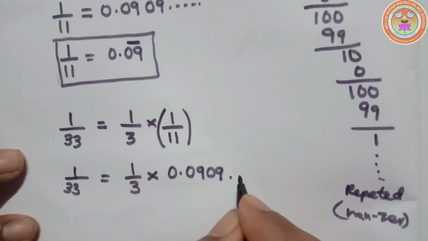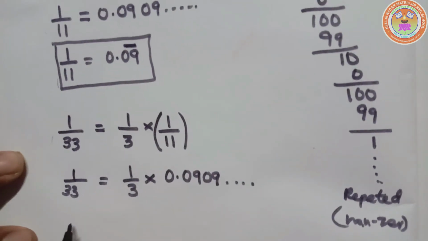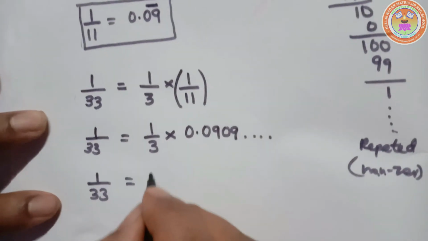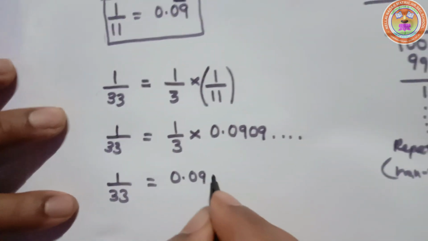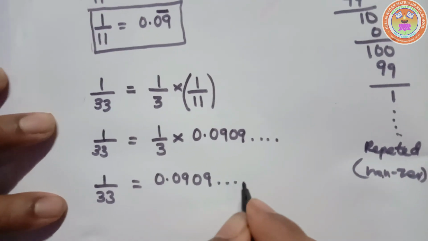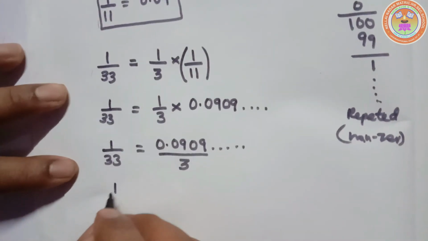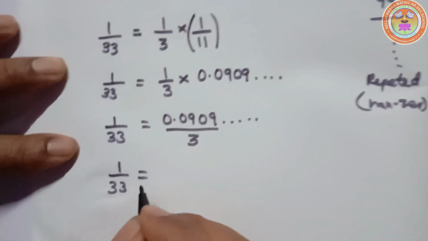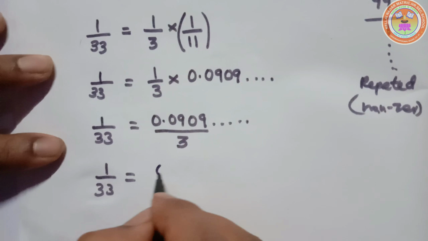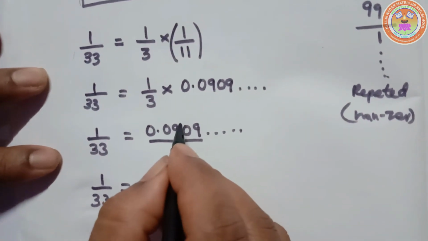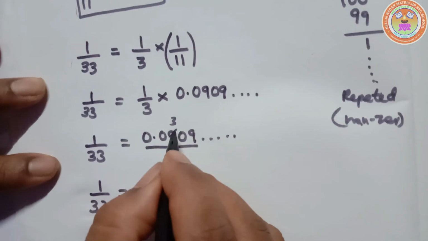The value of 1 by 11 is 0.0909 dot. Now 1 by 33 is equal to 0.0909 dot divided by 3. 3 into 0, 0 times. 3 into 0, 0 times. 3 into 9, 3 times, so 3. Again 3 into 0, 0 times. 3 into 9, 3 times, right?